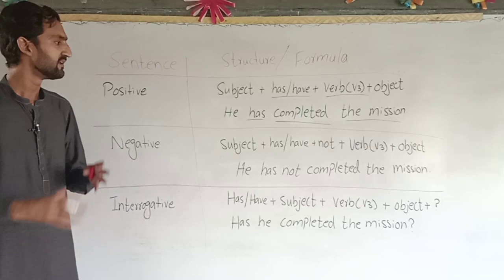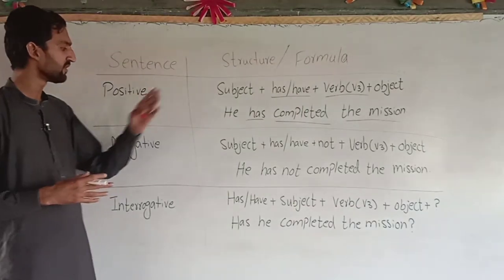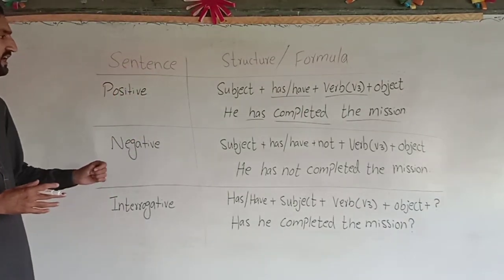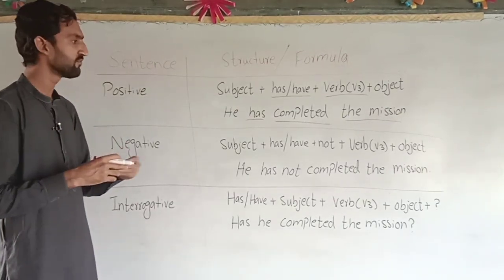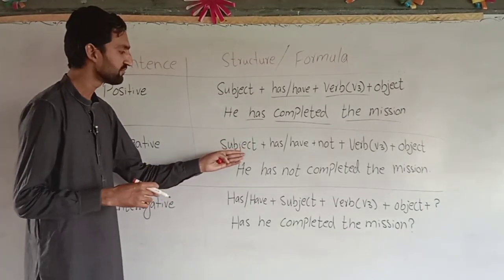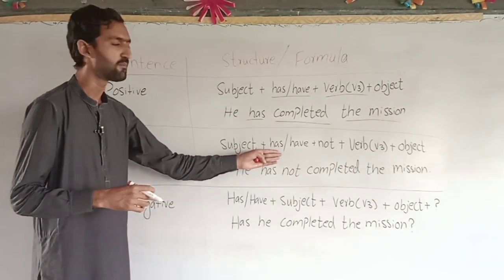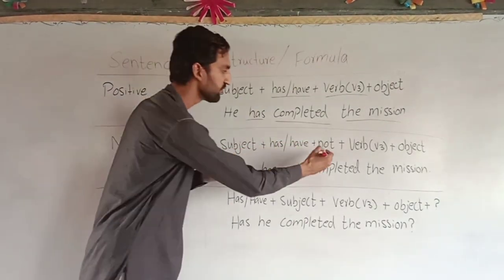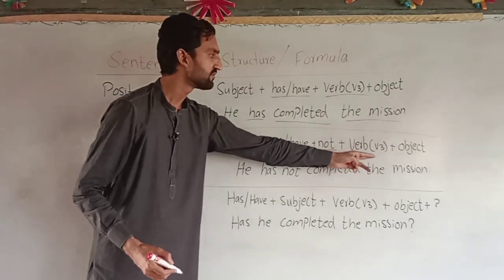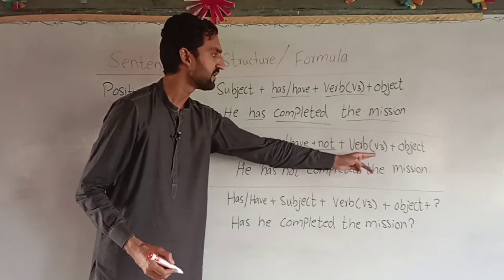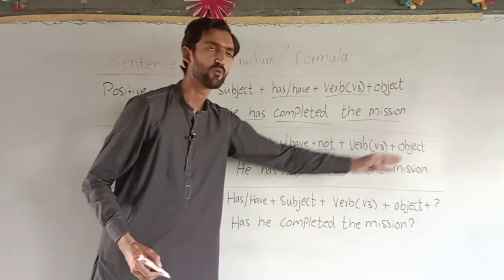Moving towards negative sentences, in negative sentences we additionally add one thing. First we have the subject, after the subject we have the helping verb, and after the helping verb we use not, and after that, same as in the positive sentence, the third form of the verb and end with the object.